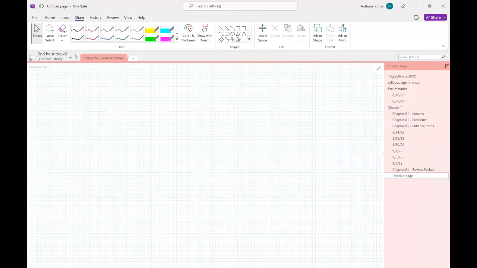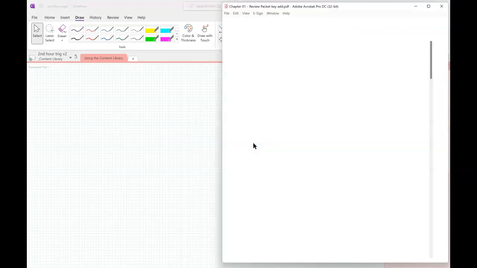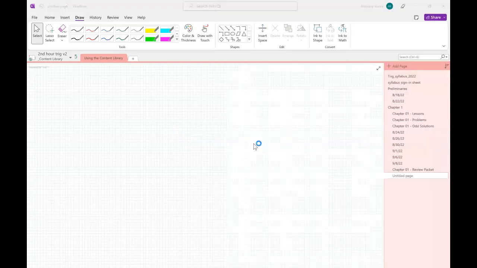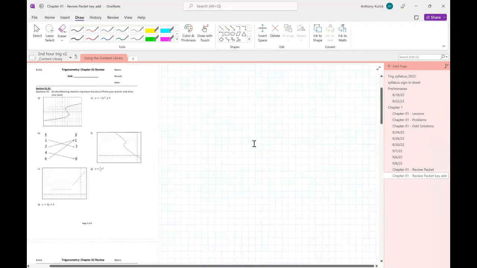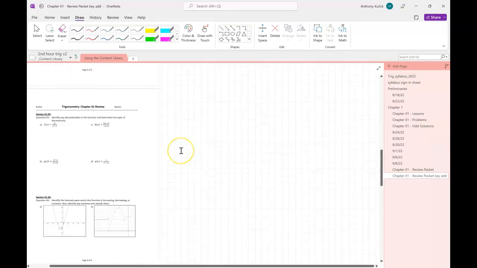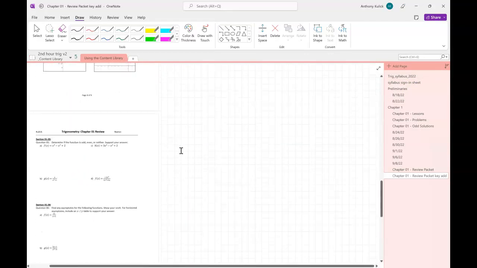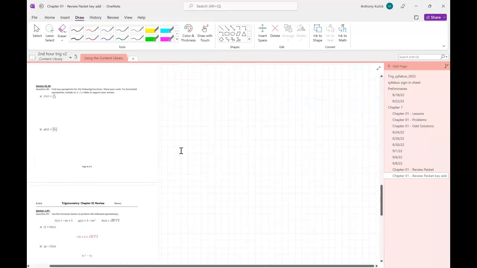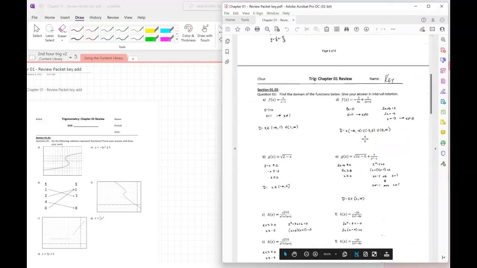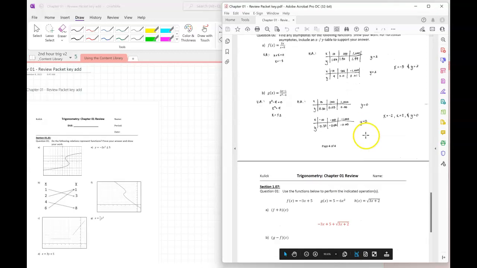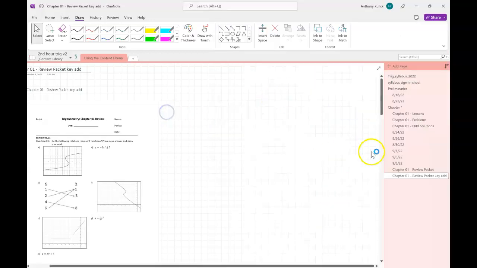And along with those, I'm going to drop in the solutions. Okay, wrong file.